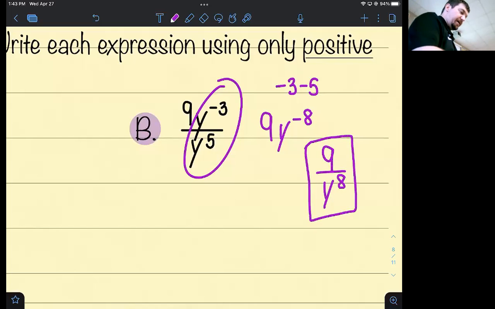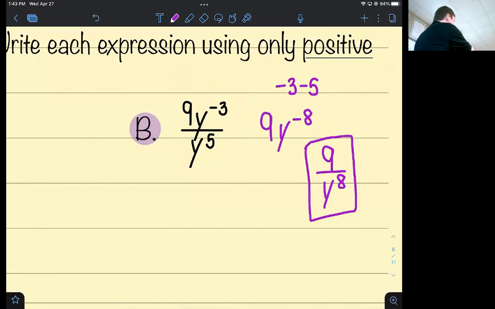That'd be the algebraic way of doing it. The visual way of doing it is to think of those 3 y's on top because they're negative exponents. Doesn't make your answer negative. It just tells you they're going to drop to the bottom. And if 3 y's drop to the bottom to combine with the 5 that are already there, this just became 9 over y to the 5 plus 3.